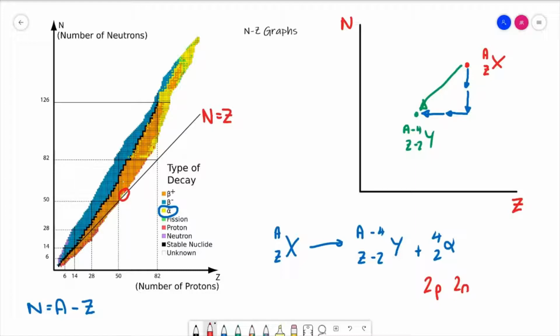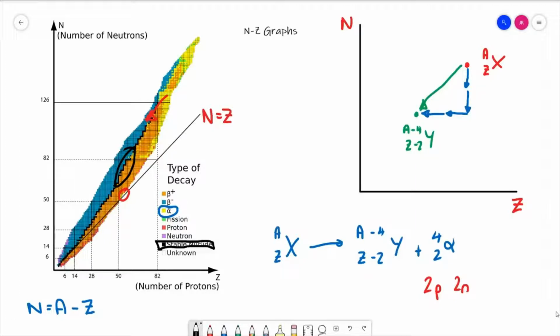Those will all decay diagonally in that direction and therefore will move back down, minus 2 protons and minus 2 neutrons. All of our decays will aim to end up on one of these black dots eventually. The black dots here represent the stable nuclides, in other words, the nuclei that don't decay by any mode whatsoever.